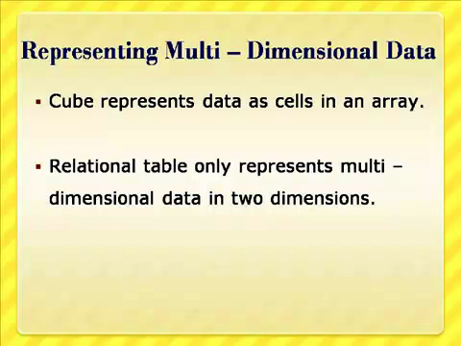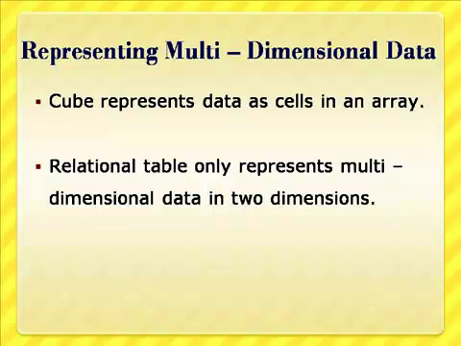To extend the discussion for your question, since this is an abstract concept, I would also like to extend the discussion by representing the data physically in both forms. For example, if you take a two-dimensional representation, a cube represents the data as cells in an array, and a relational table, as you know, only represents multi-dimensional data in 2 dimensions.